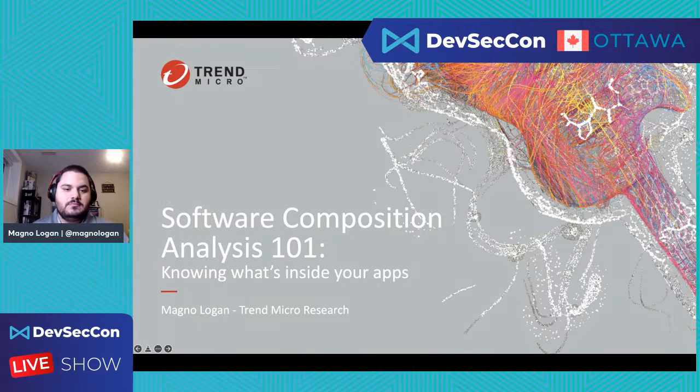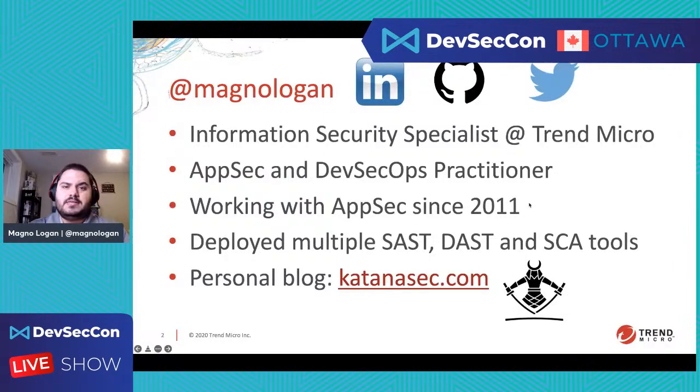Okay, so let's start. A little bit about myself. I've been in the field for over 10 years now. I'm an information security specialist at Trend Micro, doing a lot of cloud and container security research recently. But my background is in development.